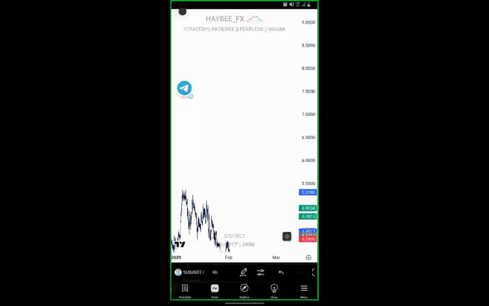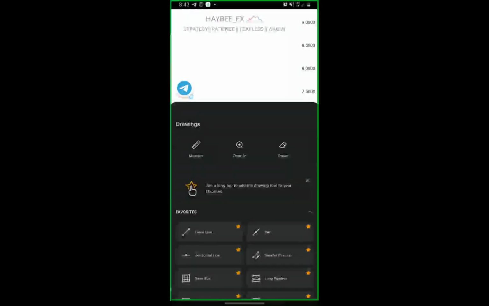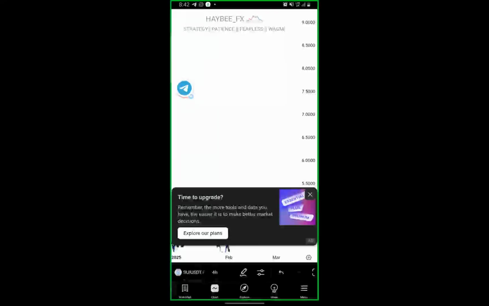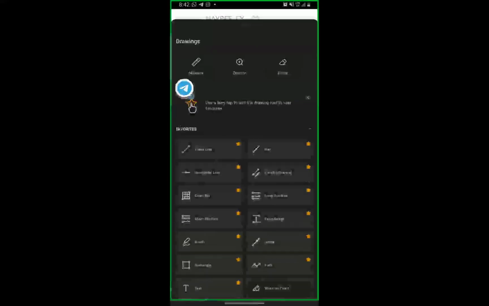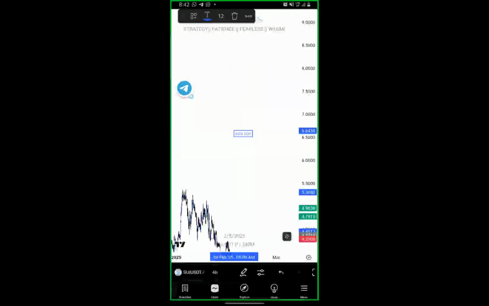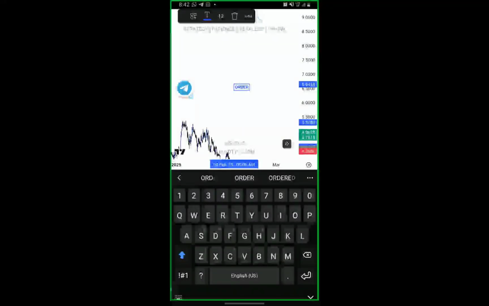Because of the network. So now, I would like to move on to order block. When we talk about order block, some people call it OB. It's called order block. What do I mean by order block?